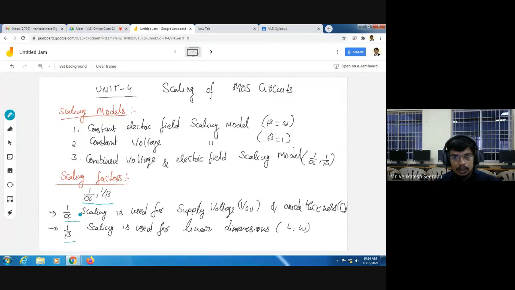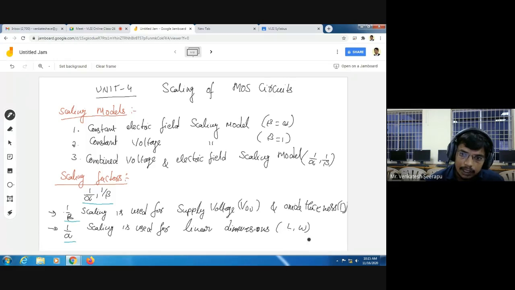Sorry, I have given it wrongly. 1 by beta is the scaling factor for supply voltage and oxide thicknesses, whereas 1 by alpha is the scaling factor for linear dimensions like vertical and horizontal dimensions of a surface.